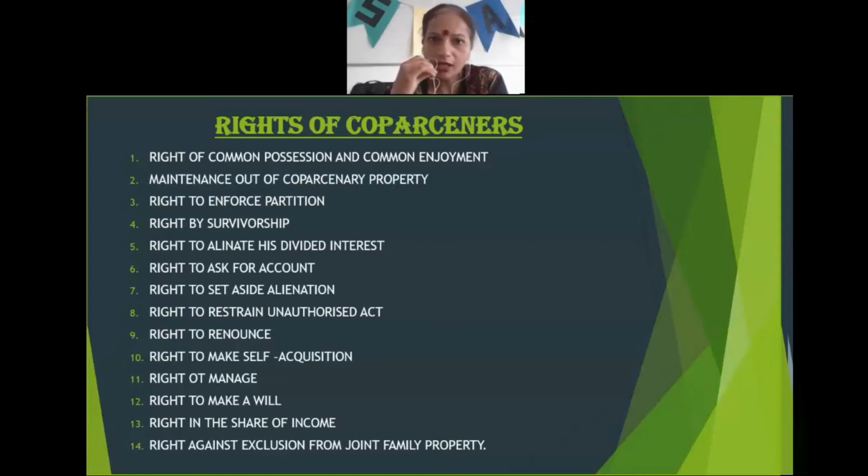So another right available to a coparcener is a right to be maintained out of the income of the coparcenary property. The third one is a right to enforce a partition.